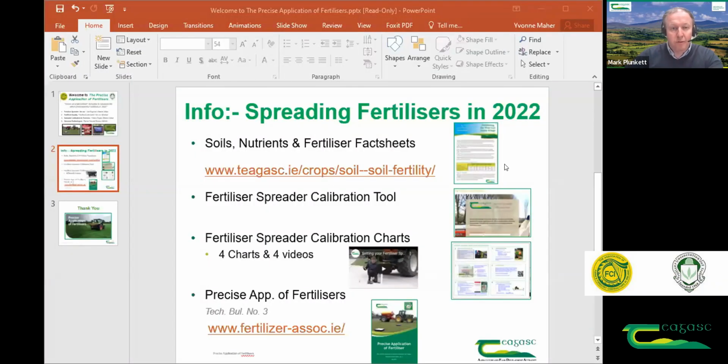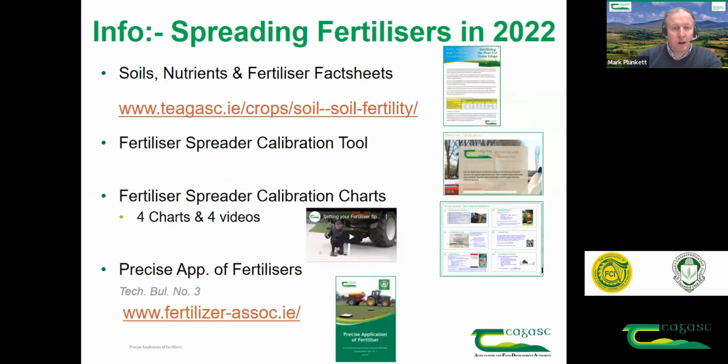Also, we have a final slide there. Maybe Yvonne, you'd share the final slide. There is a lot of information out there around managing fertilizers as efficiently as possible. Teagasc launched the soils, nutrients, and fertilizer fact sheets. There are 20 fact sheets, everywhere from soil sampling to fertilizer advice for silage and for grazing, to help with the use of fertilizers as efficiently as possible in the current year.